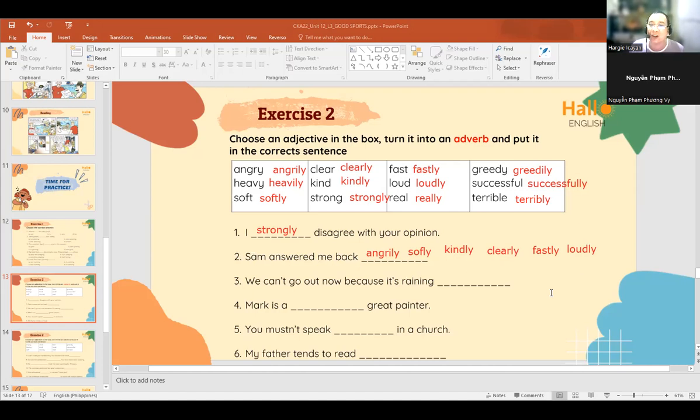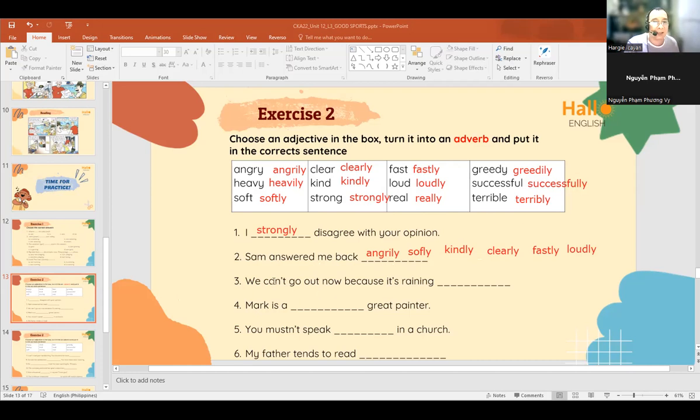If the person is angry, of course, we have to use angrily. If the person answers in a soft voice, you have to say Sam answered me back softly. If the person is answering you back kindly, or clearly. Did you get it, V?